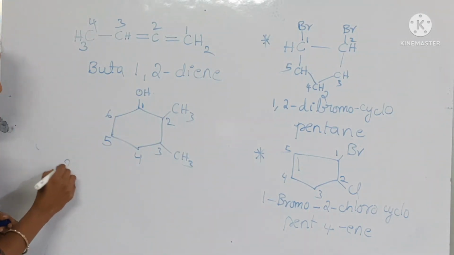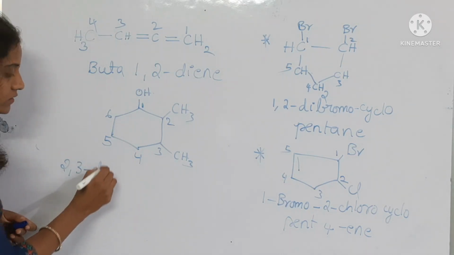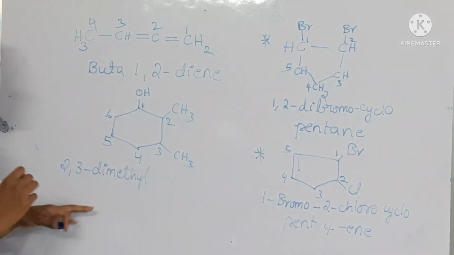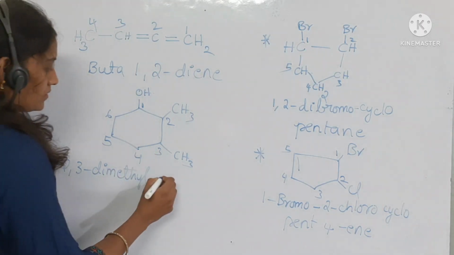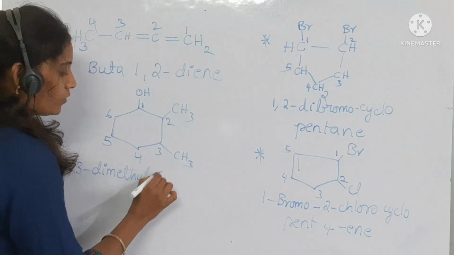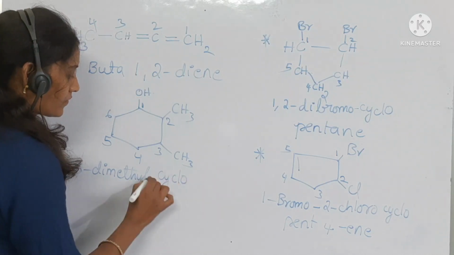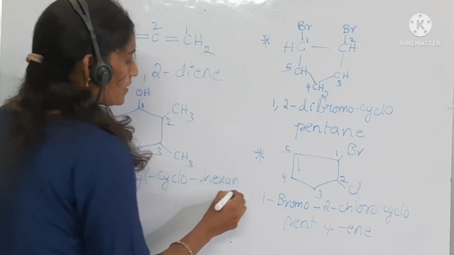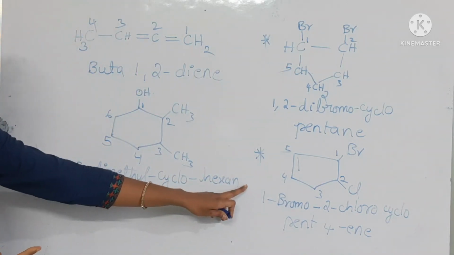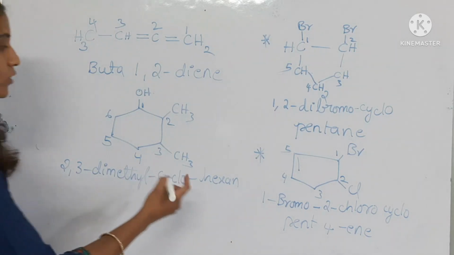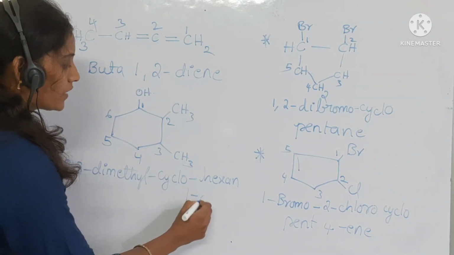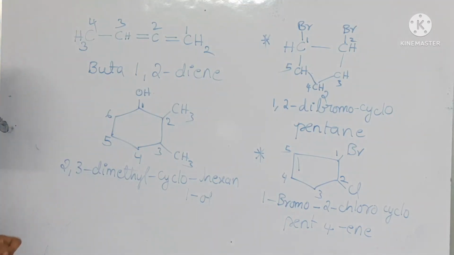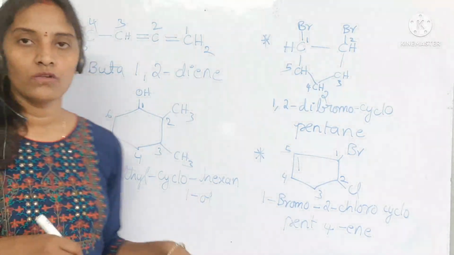So 2,3-dimethyl cyclohexane. You can skip the 'e' of hexane. Cyclohexan-1-ol, or directly you can write cyclohexanol.